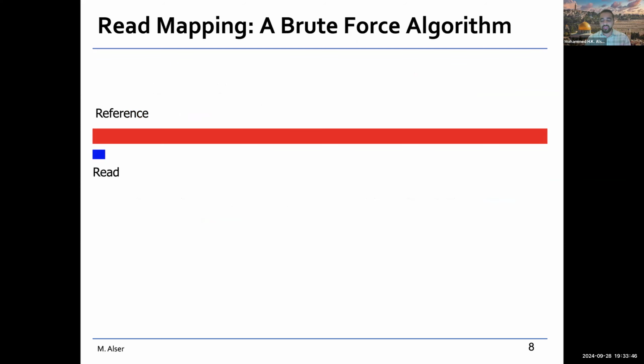And we already have seen this slide before in one of the lectures in this course about a brute force algorithm on how we do read mapping, right? So imagine we have a reference genome and we have a read, and we would like to scan every single location in the reference genome and try to check whether it's similar to the read we have or not.